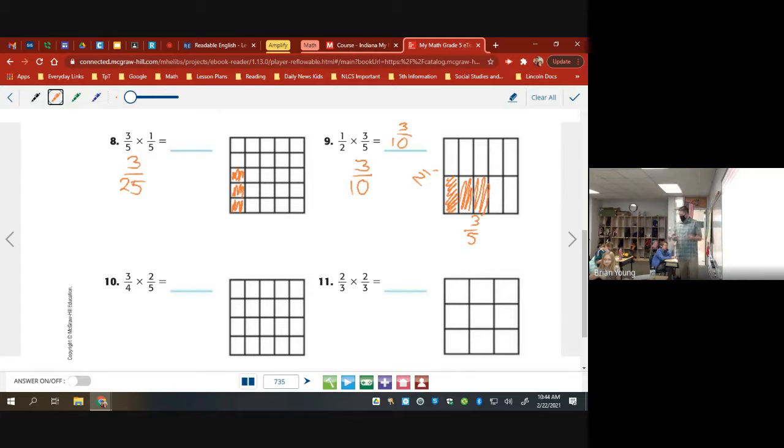A lattice method, if I can even remember this, let's say we have 32 times 21. We take 3 and 2. It's been a while since I've done this, so bear with me. I'm not sure I even remember how to do it. 2 and 1.